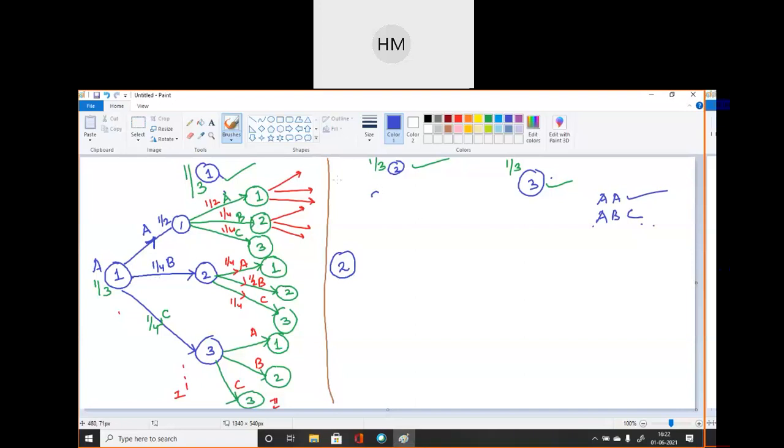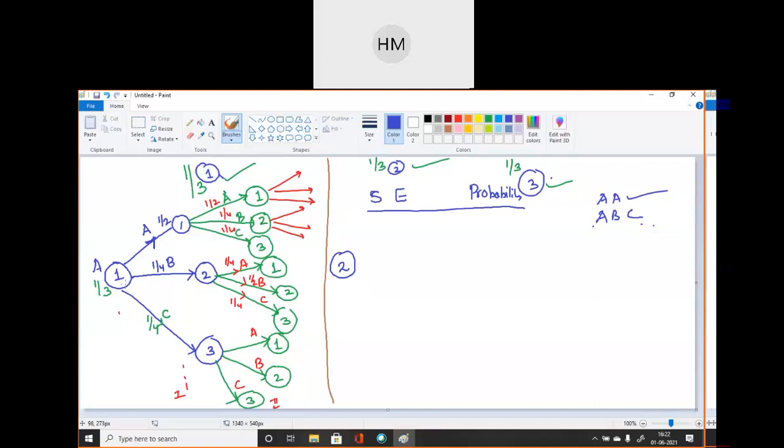Okay, now you have to prepare a table. You should draw this tree diagram, and in front of this tree diagram draw a table which shows the symbols emitted. You can write down in your copy symbols emitted and its respective probability. So symbols emitted from this diagram with node 1.